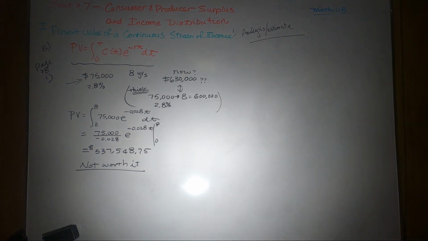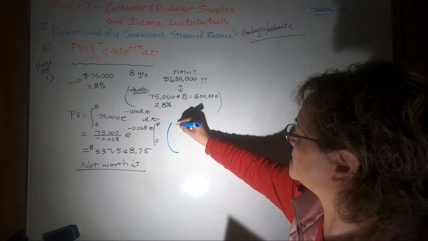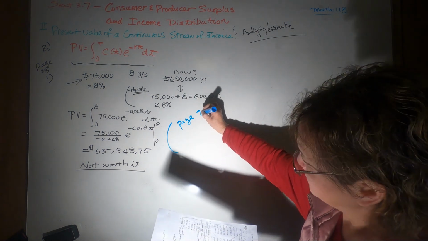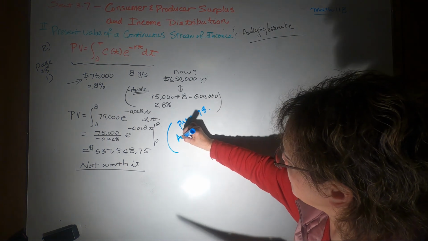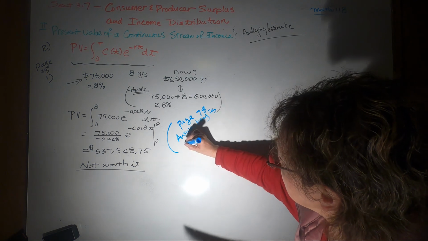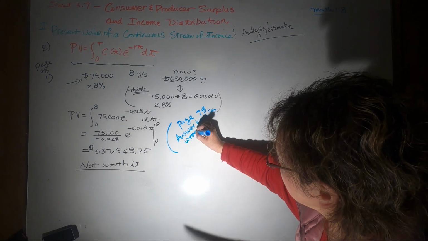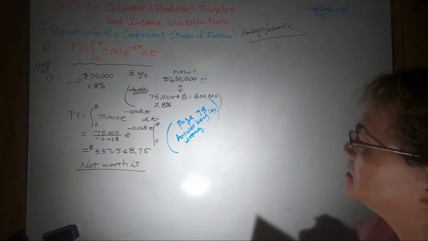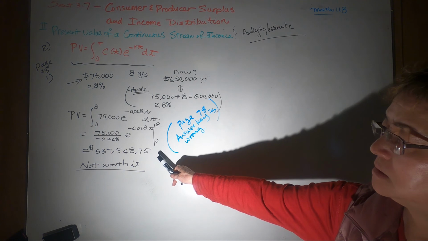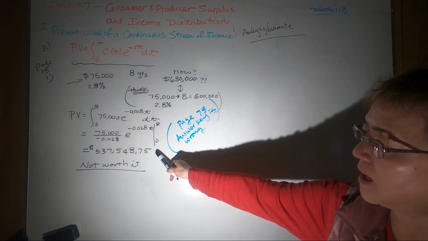All right. So for your answer key, page 78, your answer key is wrong. What happened is I copied the numbers from a book, and the book was wrong.